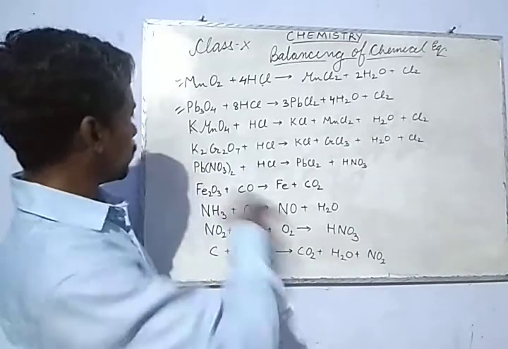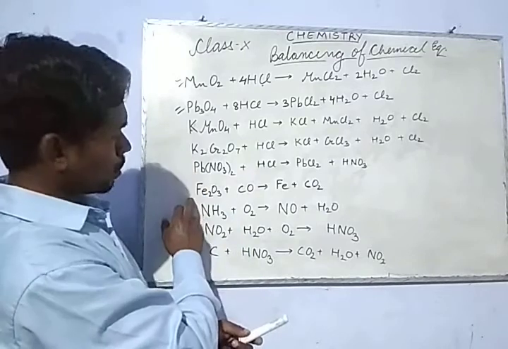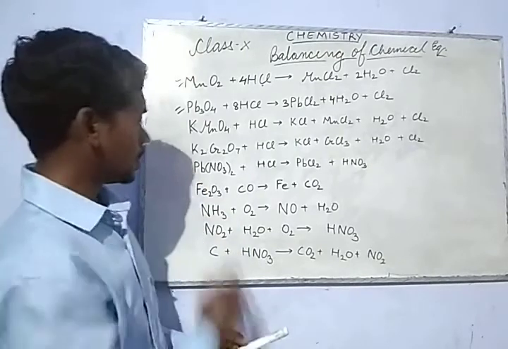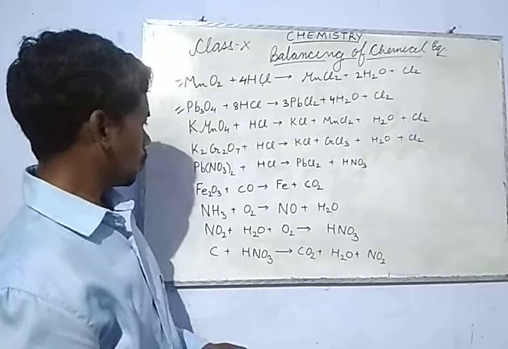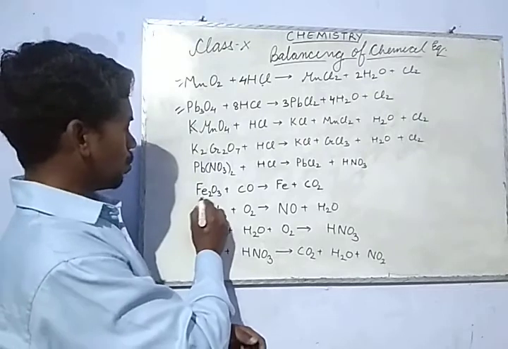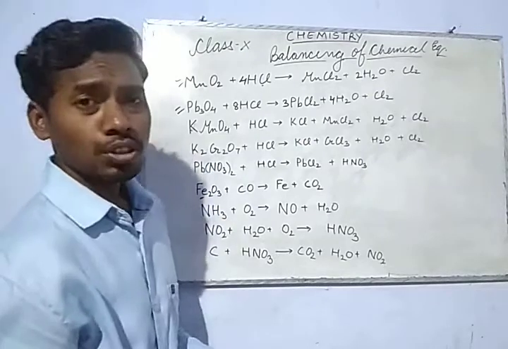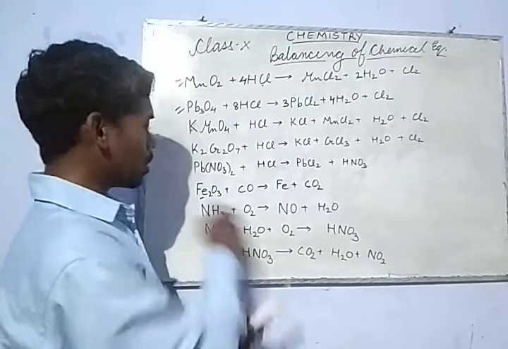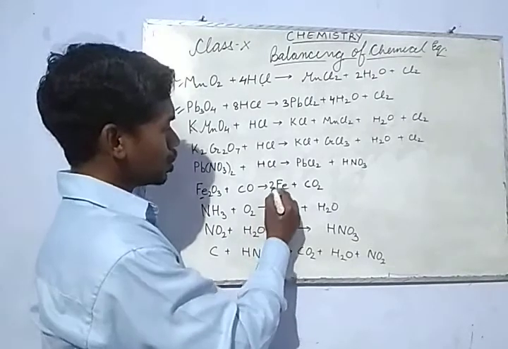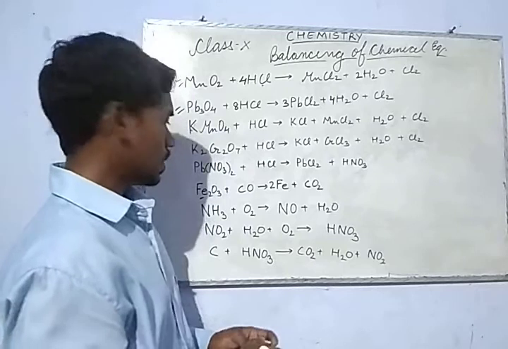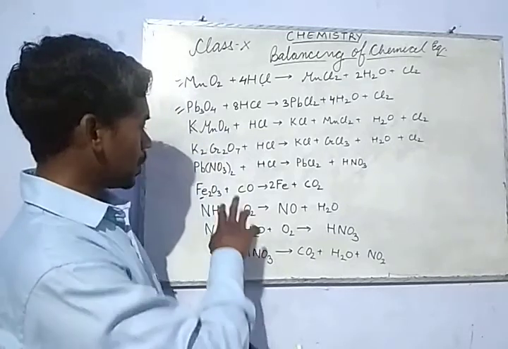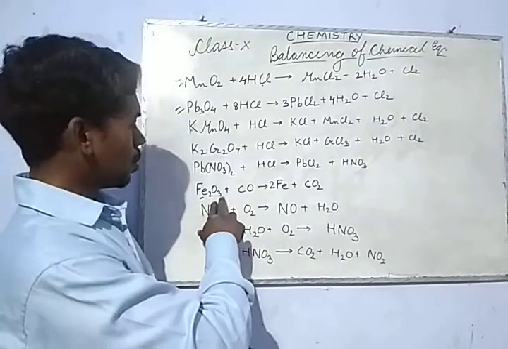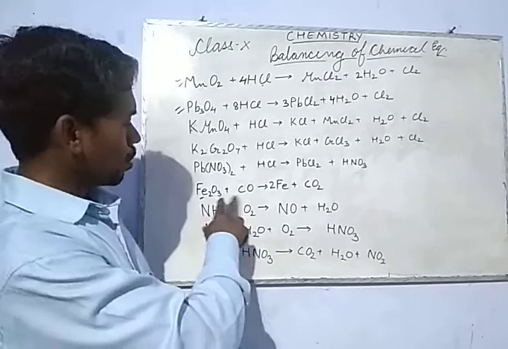Now what we do, we leave these two and we go for this one, okay? First of all, we should balance the electropositive element, that is iron. Iron is 2 in number, so we put 2 here. Then I told you we need to balance what? Oxygen. How do we balance oxygen here?